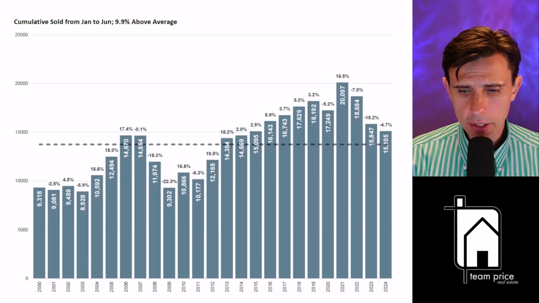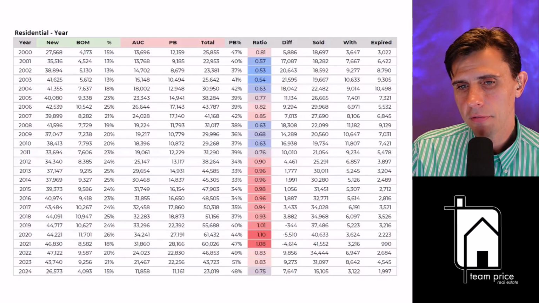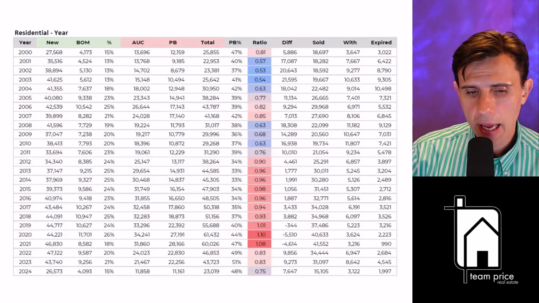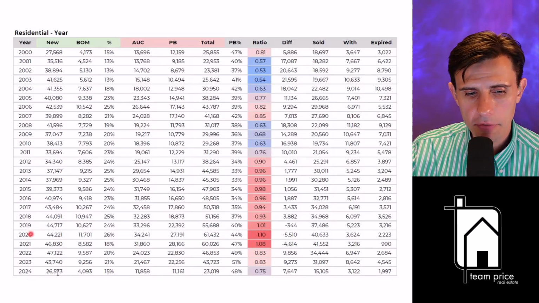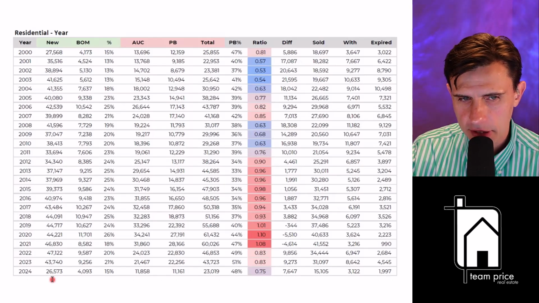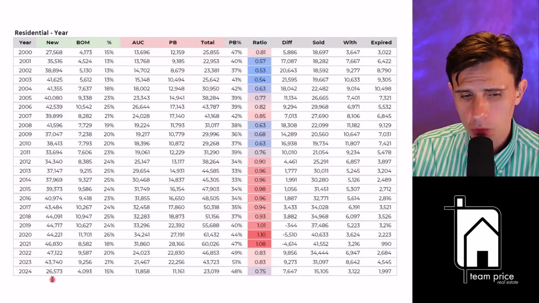Let's take a look at the ratio. We're at a 0.75 right now for the entire year. So when you take a look at everything that's come on the market, we've had 26,573 new homes come on the market so far this year.